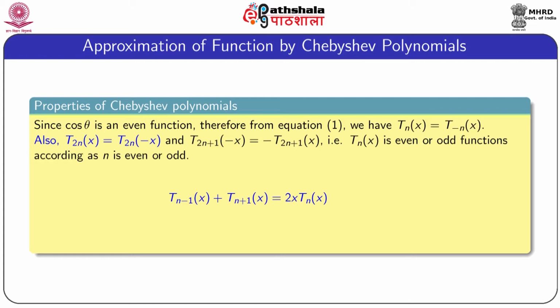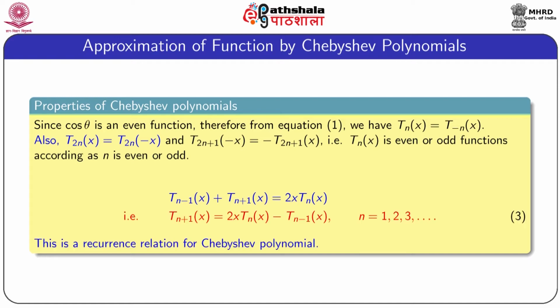Also, we can prove that Tn-1(x) + Tn+1(x) = 2x Tn(x). That is, Tn+1(x) = 2x Tn(x) - Tn-1(x).